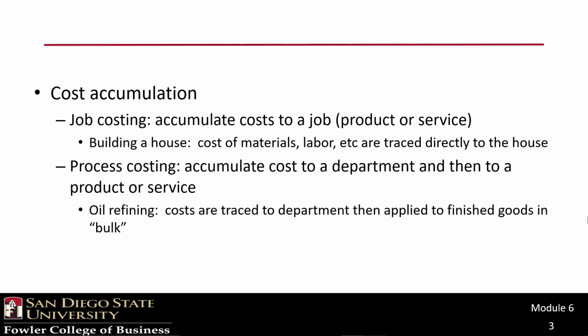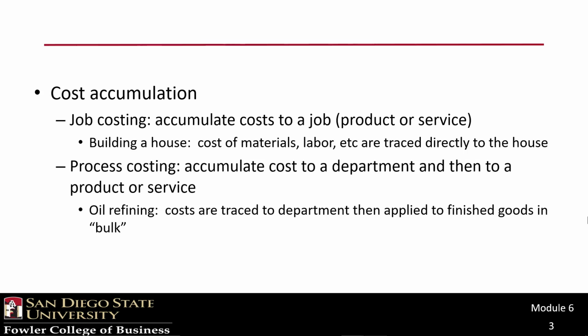So cost accumulation typically follows one of two different types. There's job costing, which means we accumulate cost to a job, and again, a job is associated with a product or service. So for example, if we're building a house, we think about the cost of materials, labor, and the other costs are traced directly to the house.